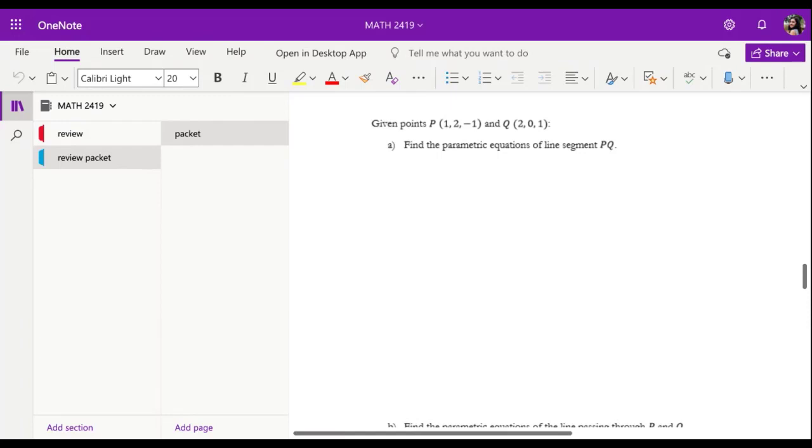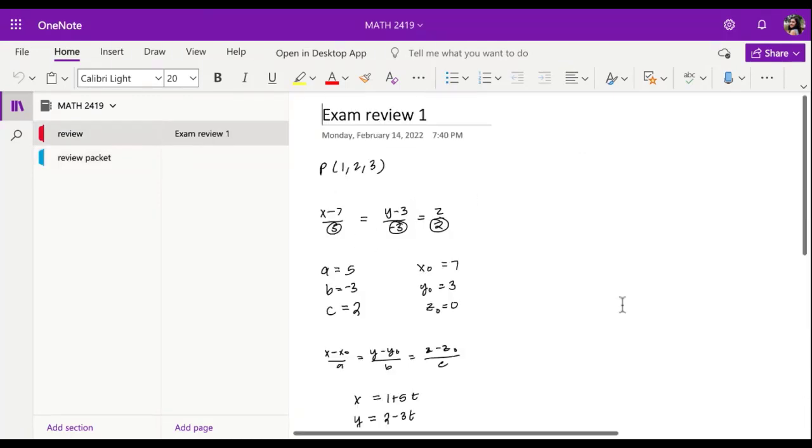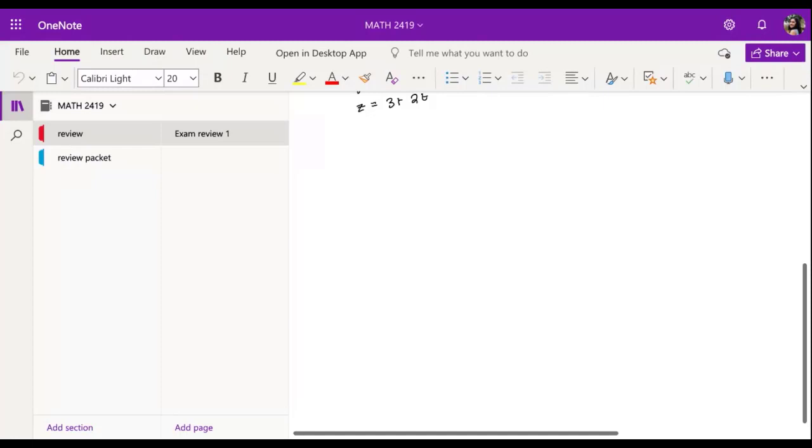So we can go ahead and make a line using PQ. That would be our first step. So to do that, we can form line PQ. So let me go back to our page here. Our point P is 1, 2, negative 1. And our point Q is 2, 0, 1.